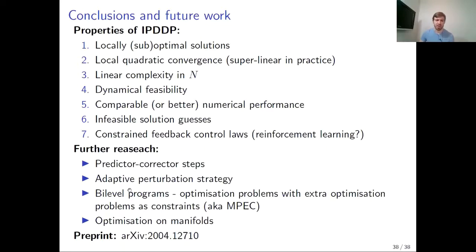We also want to consider bi-level programs, which are optimization problems with extra optimization problems as constraints. This is also known as mathematical programming with equilibrium constraints. And we want to generalize the algorithm to be able to conduct optimization on manifolds.